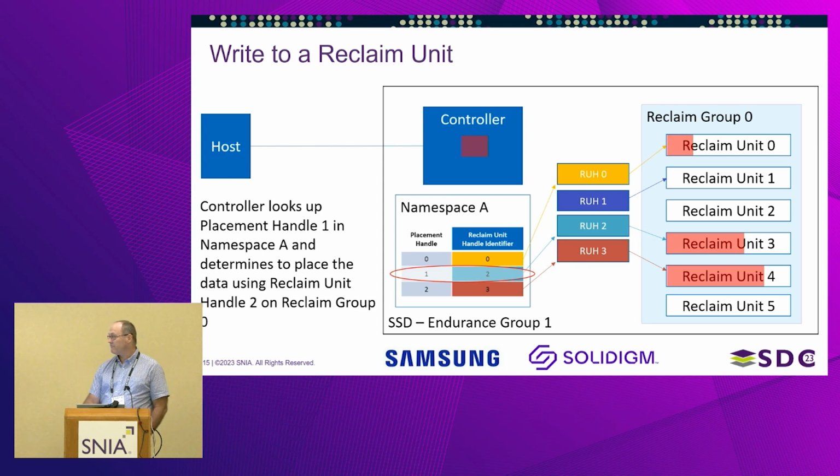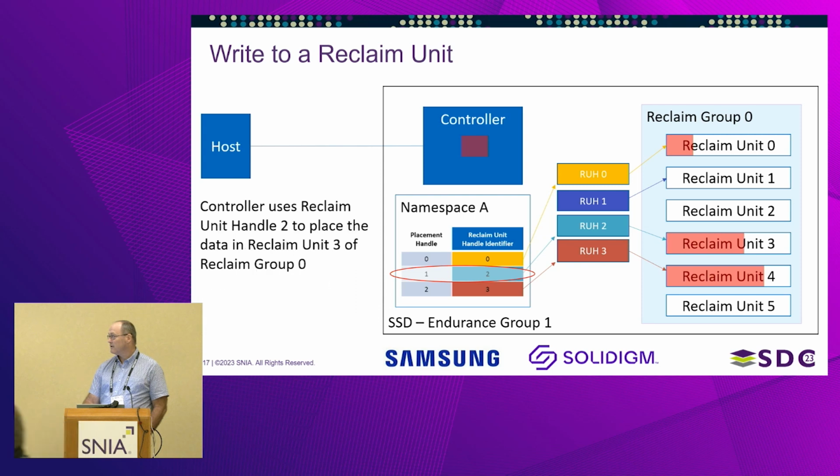Once the controller figures out the reclaim unit handle, it's going to use that reclaim unit handle to buffer the data and eventually write it out to the reclaim unit, and you placed your data in the reclaim unit that was referenced. At any point in time, the host can use a new IO receive command to say, get me information about this RUH, and this would tell you how much data you can still put in here and how much time I have to fill it to capacity.